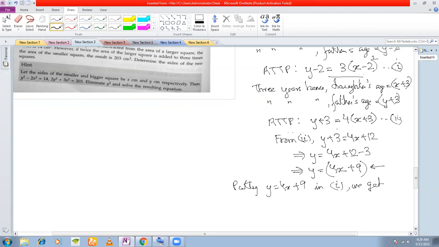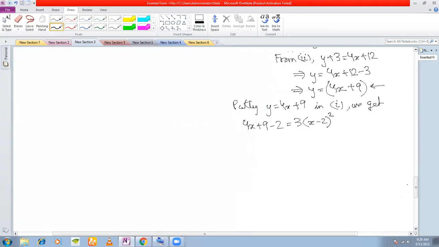We get 4x plus 9 minus 2 is equal to 3 times x minus 2 whole square. Now this is in x. So everything has been converted to x. Now you can form a quadratic and solve this equation. So 4x plus 7 is equal to 3 times x square minus 4x plus 4.